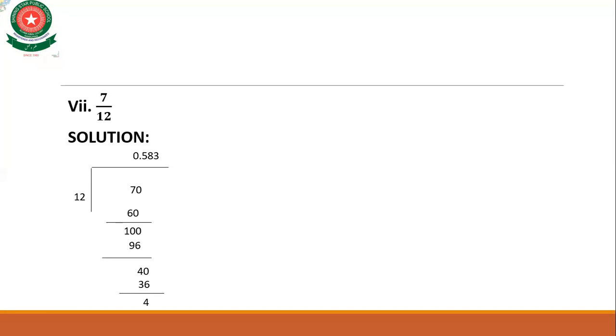Again we have remainder 4. And we know that this equation will not be completed because this is a non-terminating decimal number. And in this concept we only have to put 3 digits after the decimal point. So we will leave the equation here, and the answer will be 0.583, which is a non-terminating decimal.